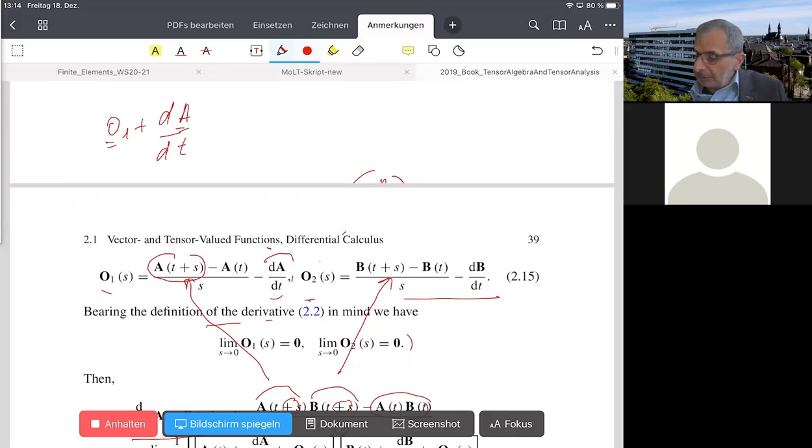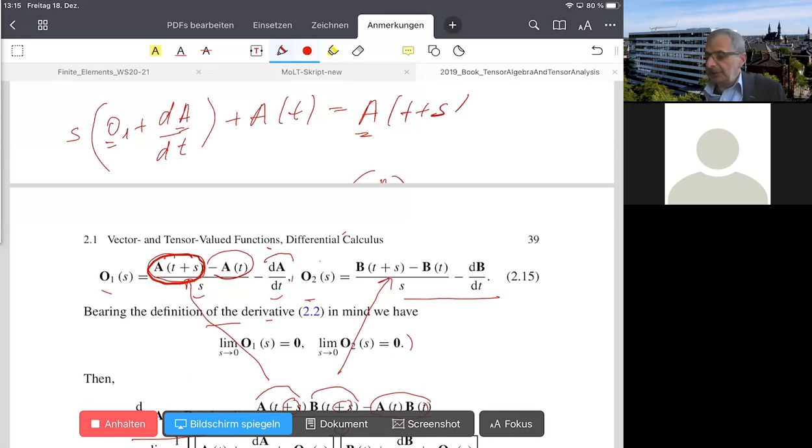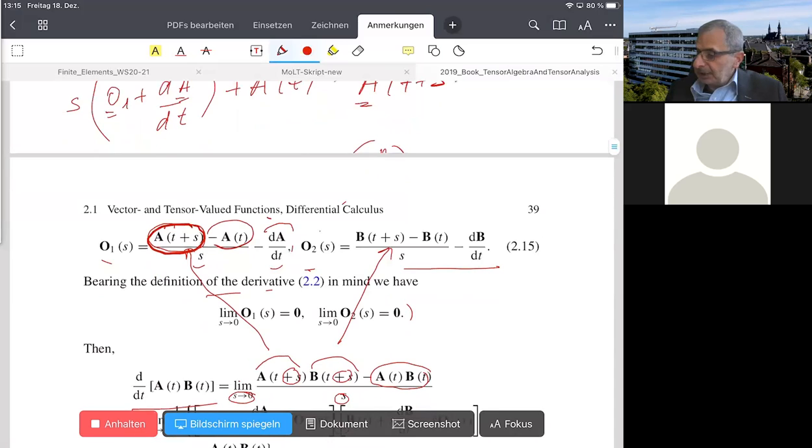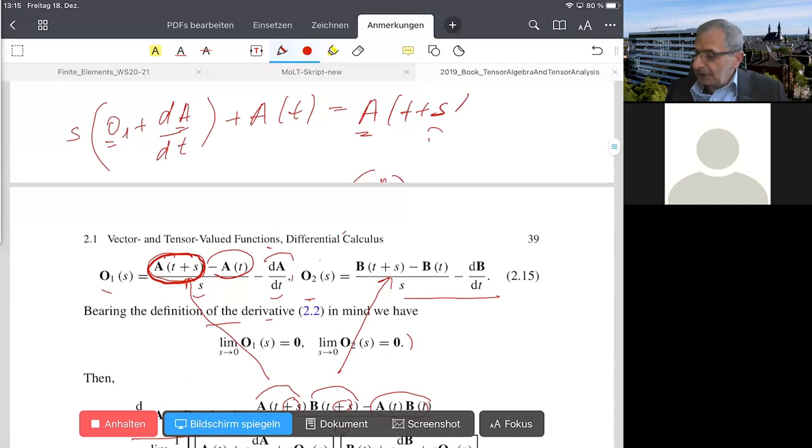And then I would like, once more, to express this A at the increment t plus s. Then I have to multiply everything by s because I have s in the denominator. So I multiply everything by s. And then I should add this term additionally, so this is plus a at t. What remains is exactly this a at t plus s, right? This is exactly what I need. And this a at t plus s I insert into this formula.